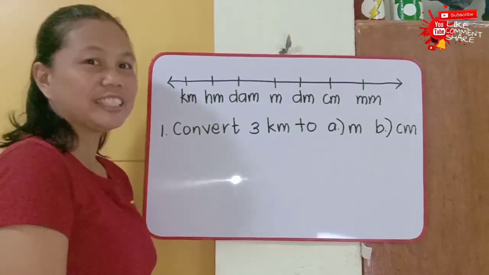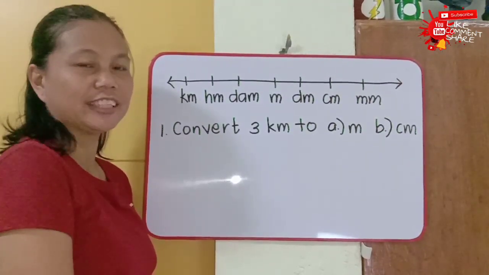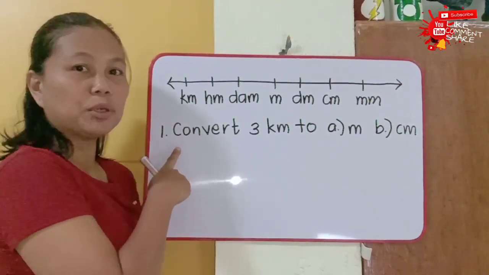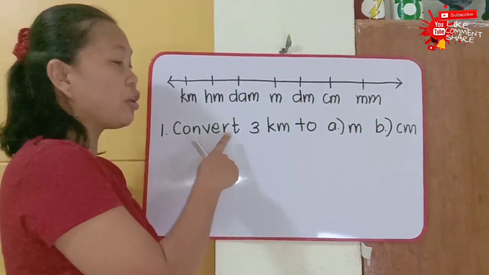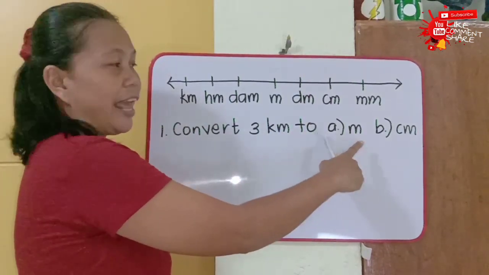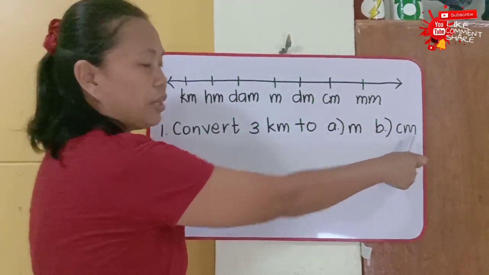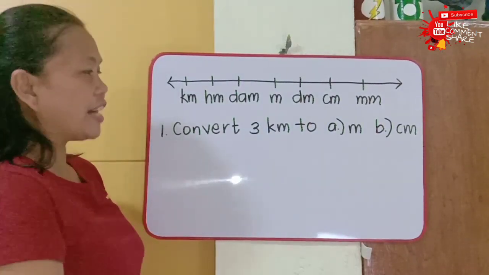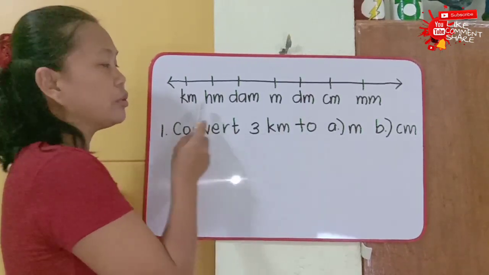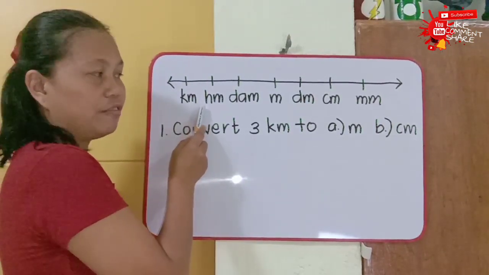Okay, let us have an example for the conversion of length from metric system to metric system. Example number 1: let us convert 3 kilometers to meters and centimeters. First, how are we going to convert 3 kilometers to meters using our metric converter?